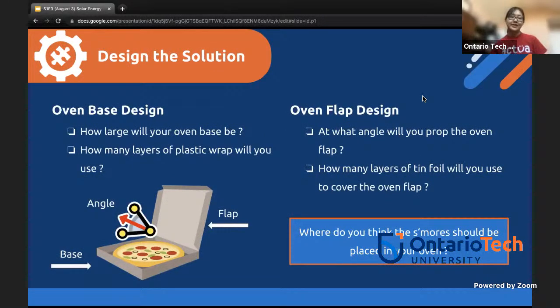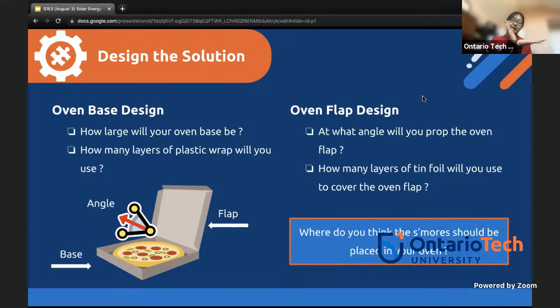So the next stage is designing our solution. For our oven base design, we need to think about how large our oven base is going to be and how many layers of plastic wrap we're going to use to insulate all of our heat inside our oven. And for our oven flap, we need to decide what angle we want to prop it at.